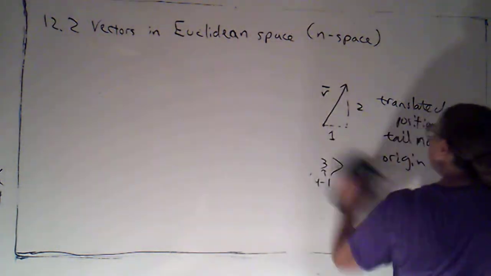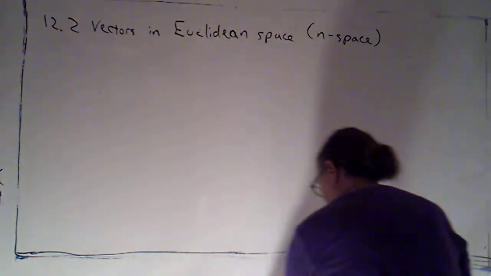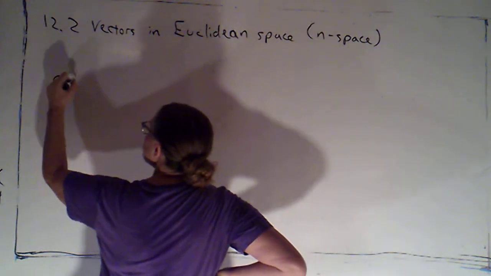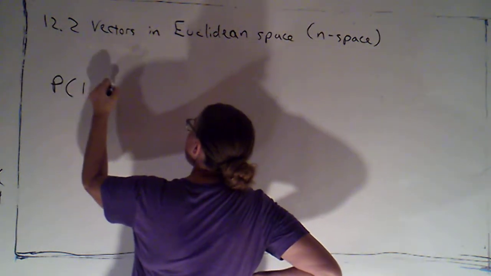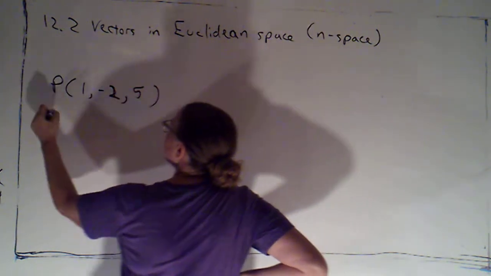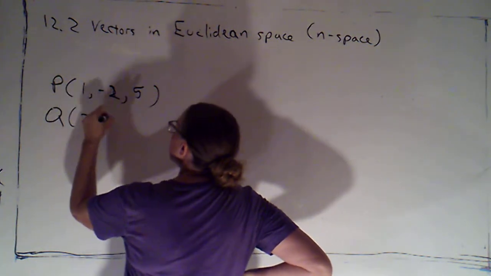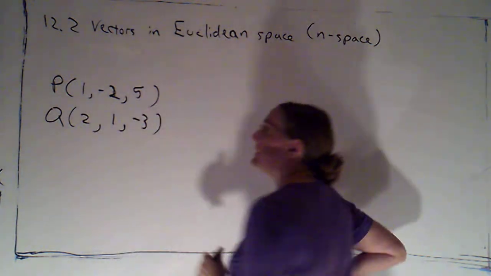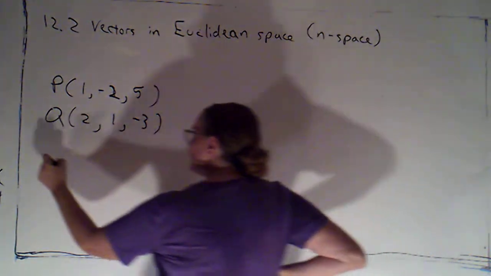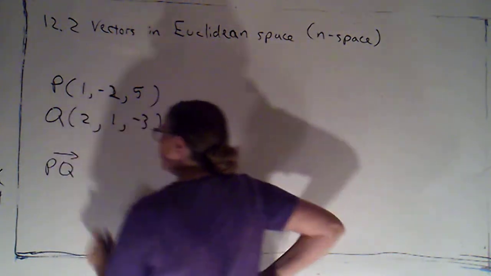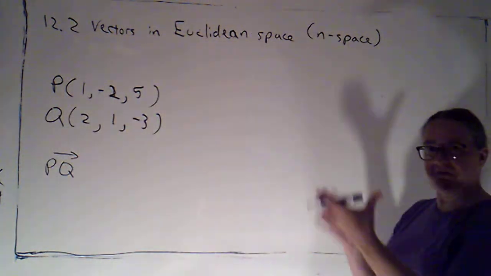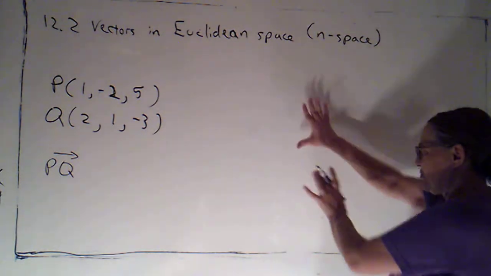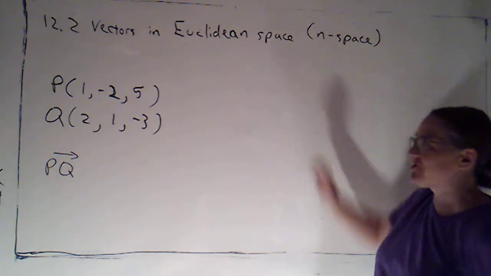Now, in 3 space, we could do the same thing. Let's say in 3 space, I have a point P, (1, -2, 5), and a point Q, (2, 1, -3). So I could form the vector PQ. Now, it's a little bit harder to visualize that than just drawing it so nicely on this 2-dimensional whiteboard.